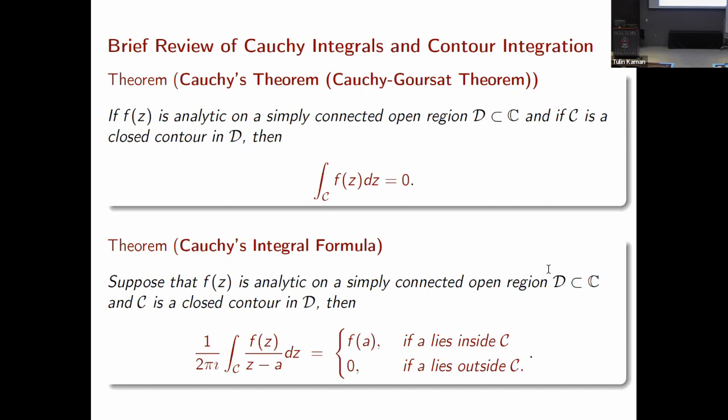So that's the most common statement of the Cauchy theorem. And then we have what we call the Cauchy integral formula. We have, again, an analytic function on a simply connected open region.